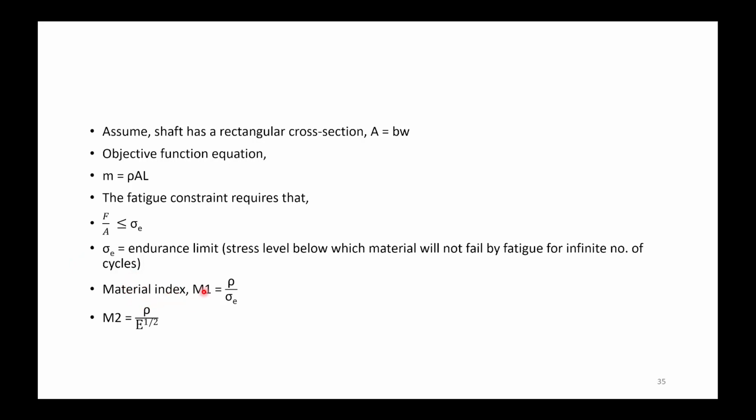Now the first material index will be rho upon sigma E. As I put in the value of sigma E, A will be F upon sigma E, so rho upon sigma E will be the material index M1. M2 will be (rho upon E) to the power half.